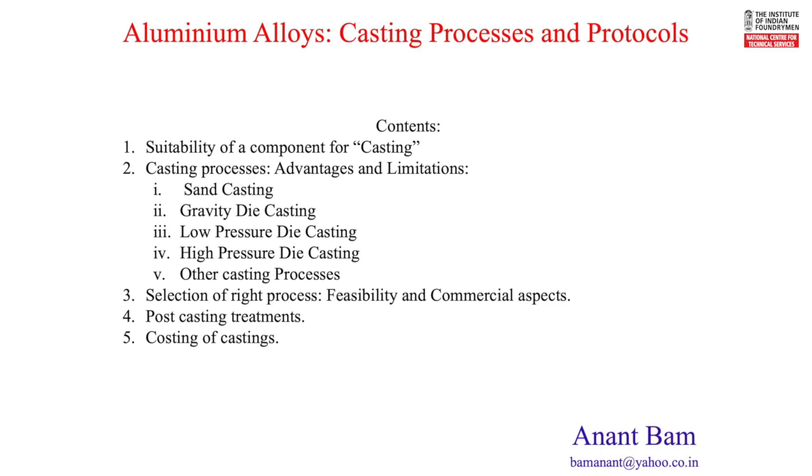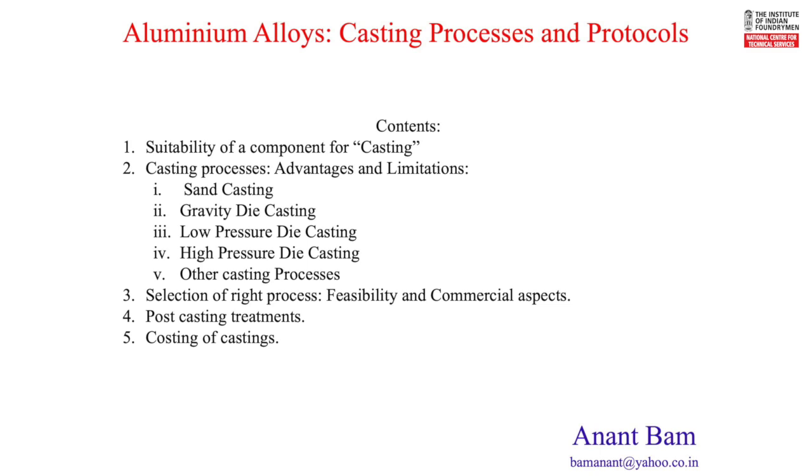Then depending on the geometry or any other parameter, how to select the right process. We will rush through in a single slide what are the post-casting treatments. And since it was an old presentation, one slide was there which was a costing of castings, which I recently removed while coming here. So let us start directly.